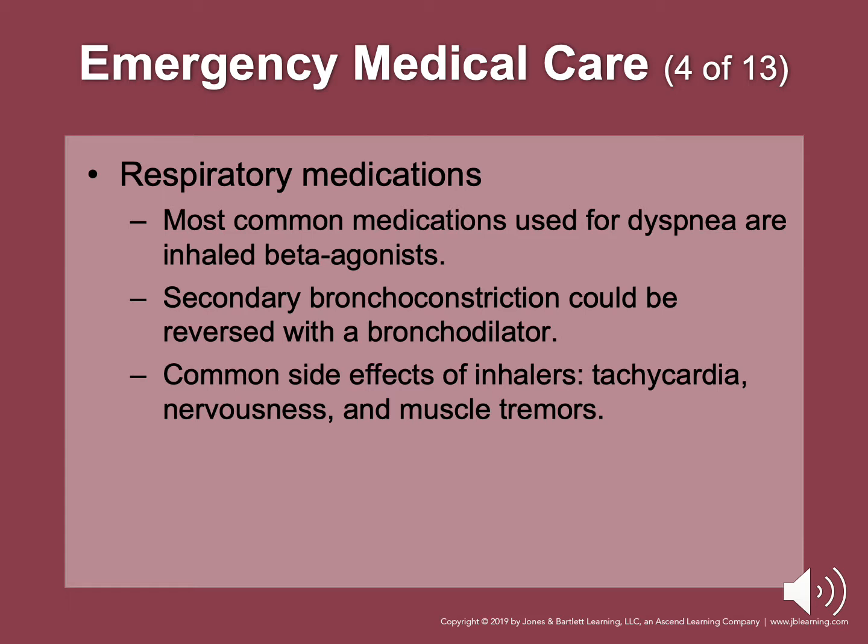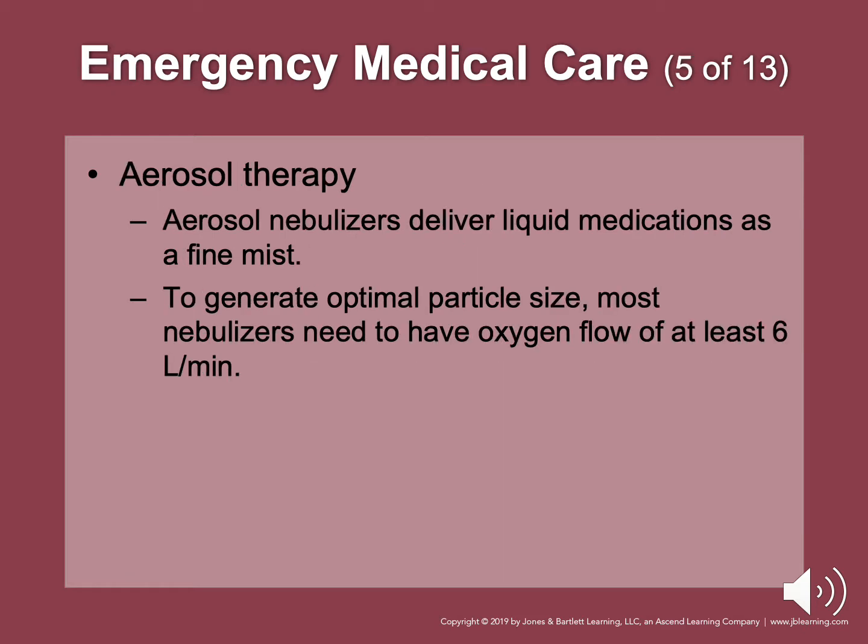Aerosol therapy nebulizers deliver liquid medication as a fine mist to generate optimal particle size. Most nebulizers need an oxygen flow of at least 6 liters per minute. A nebulizer can be attached to a mouthpiece, face mask, or a tracheostomy collar, or held in front of the patient's face.